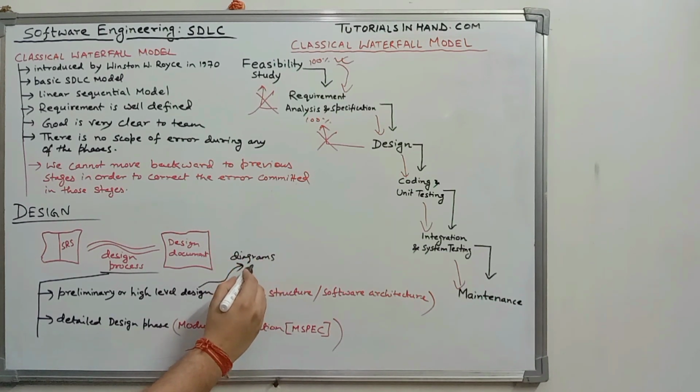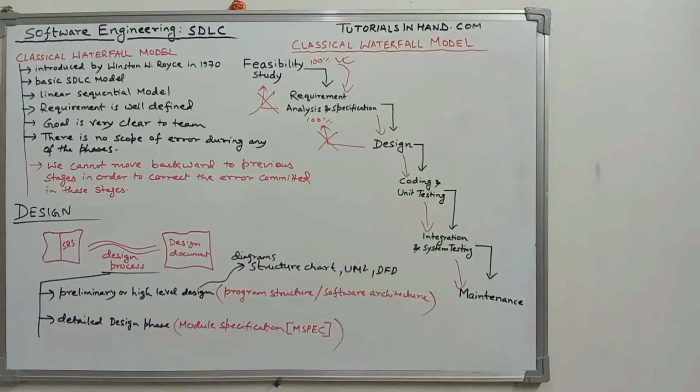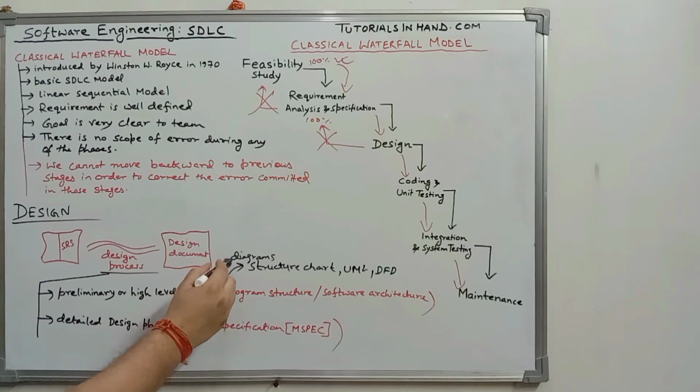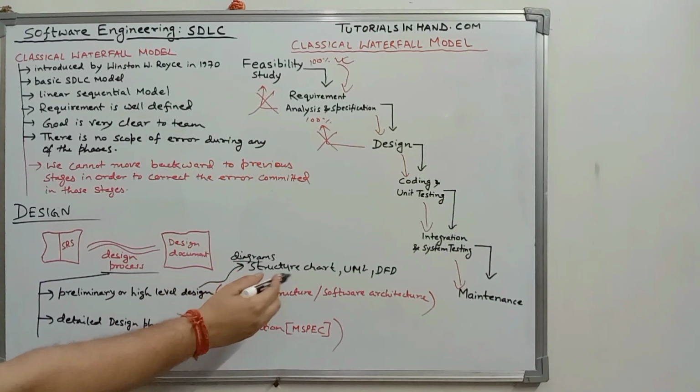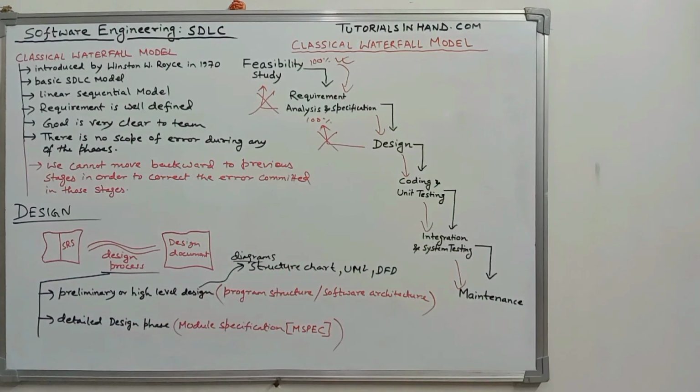UML means Unified Modeling Language, DFD means Data Flow Diagram, and we draw different kinds of diagrams to come to the conclusion and completely finish the design phase. And once these activities are completed, we go ahead to the coding and unit testing phase.